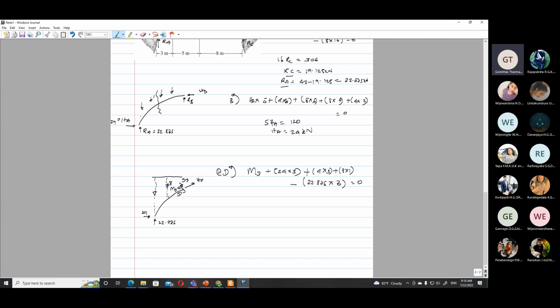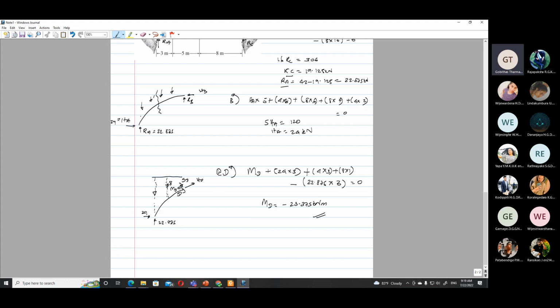So that is 23.375. So MD is minus 23.375 kilonewton meters. So that is the moment at point D.